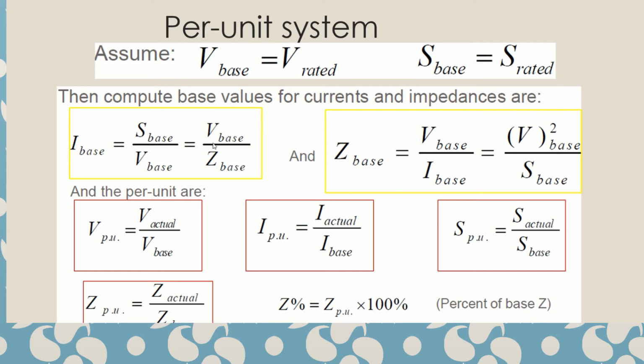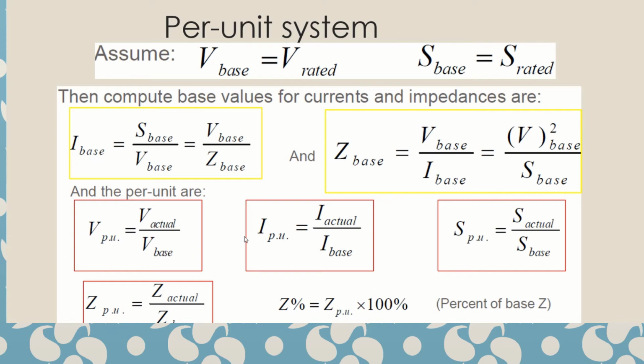But you have to make sure that the voltage is also base and the resistance or impedance is also in base. You cannot mix. If you want to calculate I base, you cannot have V actual with Z actual. That would be the I actual. It has to be in the same base.